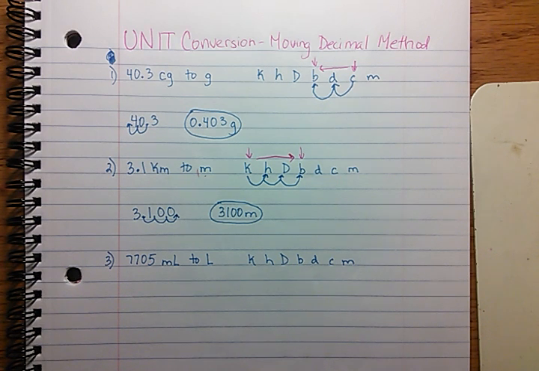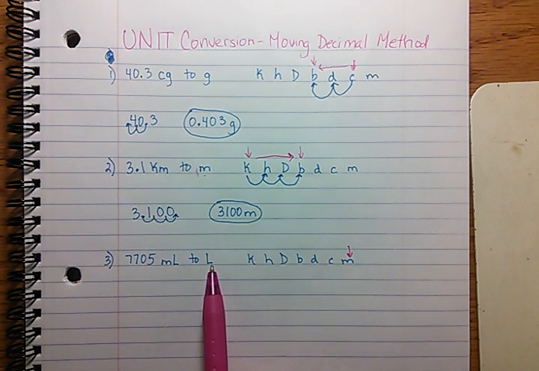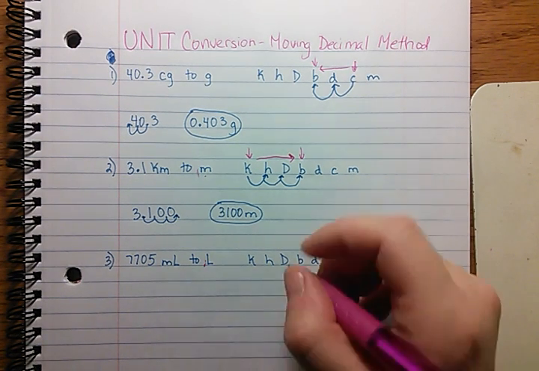Okay, I'm going to assume you've paused the video and tried this problem. Where are we going here? Well, we're going from m, that's our first prefix. And where are we ending? Well, L stands for liter. It's a base unit. We know that because there's no other letter here. There's no prefix.